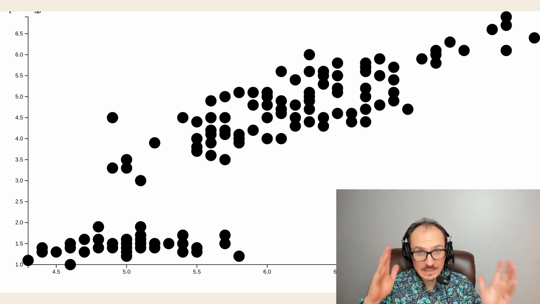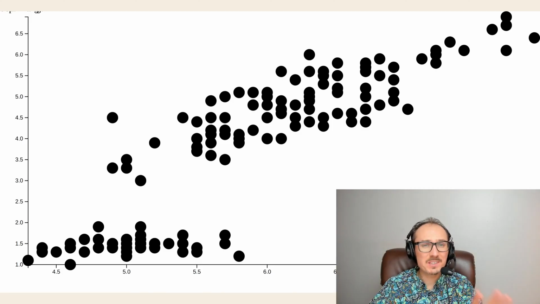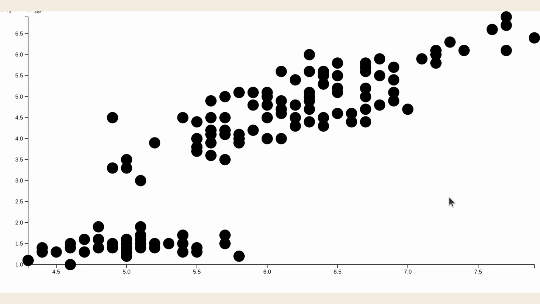Okay, I think that worked, but now we need to position these text elements, because see where they are? They're just right up in the corner and kind of off the screen. Ideally, the label for the y-axis would appear right here in the center vertically, and the label for the x-axis would appear right here in the center horizontally.